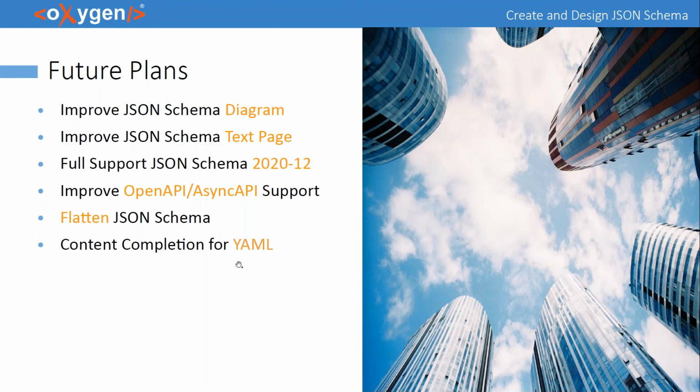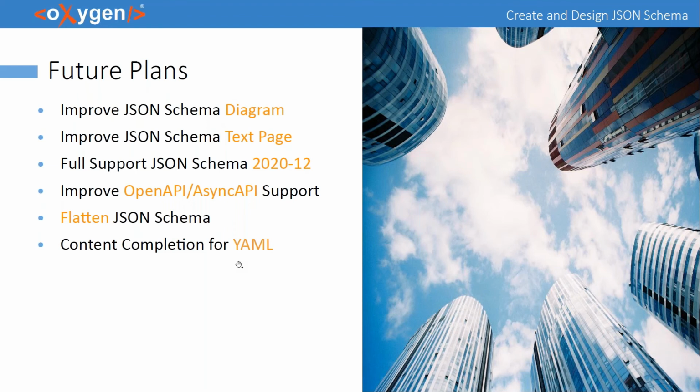So we have a lot of features also on this part. We intend to improve also the text page to have a more accurate validation, and editing maybe based on a specialized JSON schema.